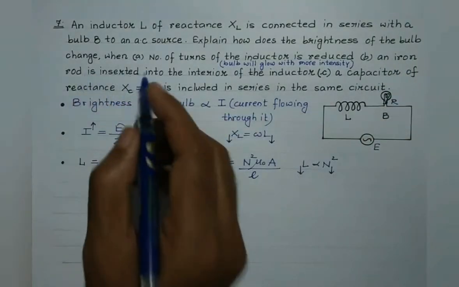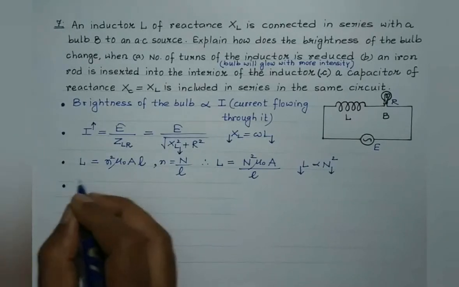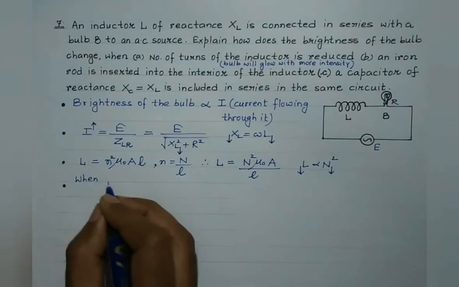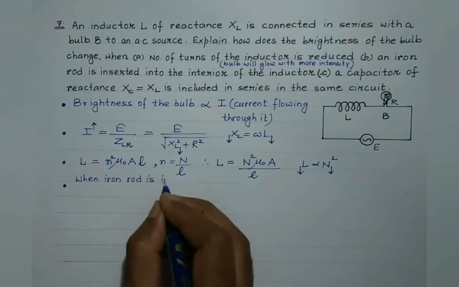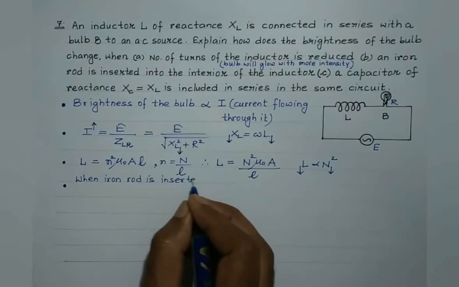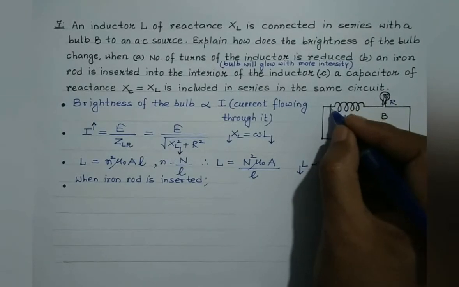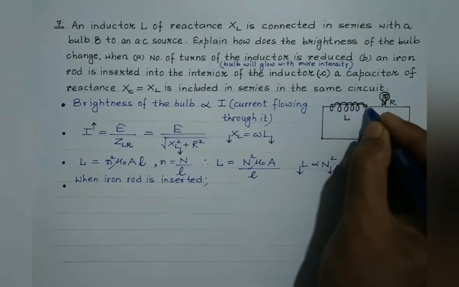Second, an iron rod is inserted. Now when the iron rod is inserted, suppose this is the iron rod which is inserted over here.